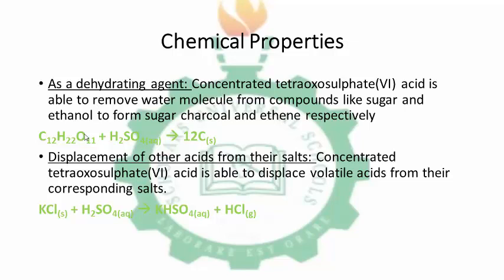Dehydration is an example of a chemical change, but drying is not, because the major characteristic of a chemical change is that a new product is formed, which is not correct for drying. In drying, a new product is not formed, but in dehydration, a new product is formed. So dehydration is a chemical change, while drying is not a chemical change.